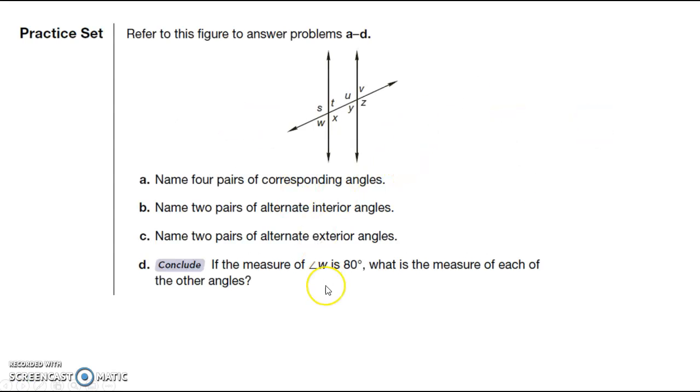Okay, so let's see if we can somehow color coordinate this vocab that we have. Here we go. So this is corresponding angles. For corresponding angles, this means that the positions correspond.